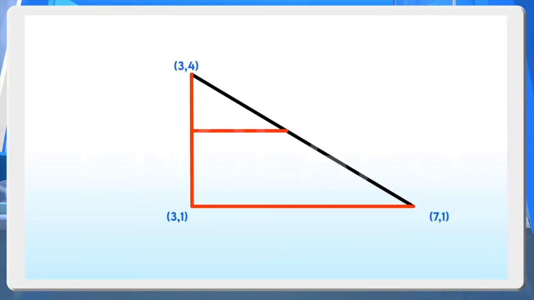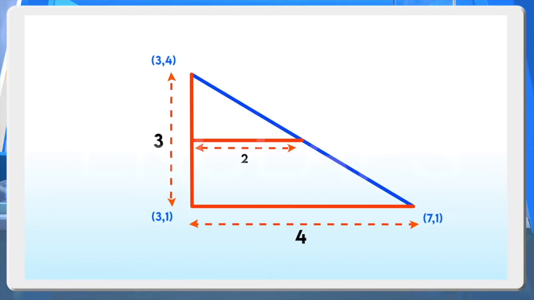What if the line looks like this? How do we find the midpoint of this line? Let us think of it in another way. What is the change that occurs to the x coordinate and the y coordinate as we move from 3, 4 to 7, 1? The x coordinate increases by 4 and the y coordinate decreases by 3. Then it is enough to increase the x coordinate by half of 4 and decrease the y coordinate by half of 3 to reach the midpoint.